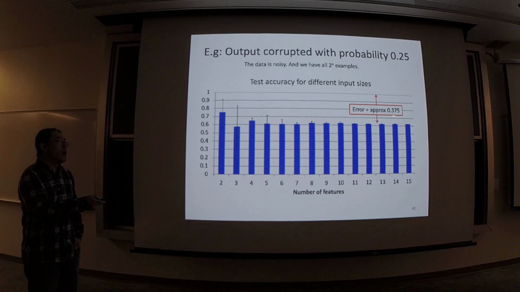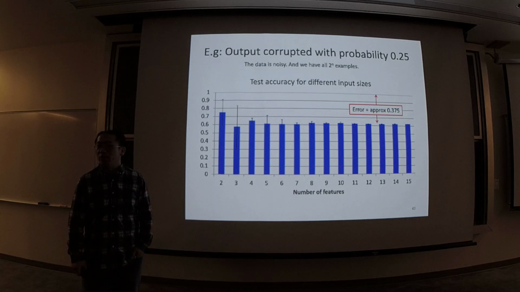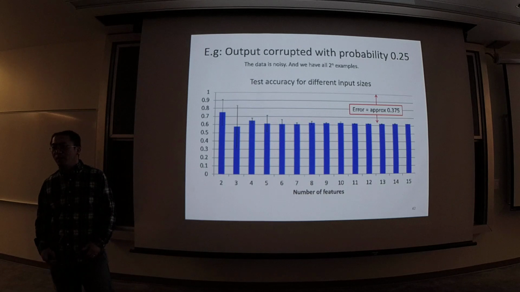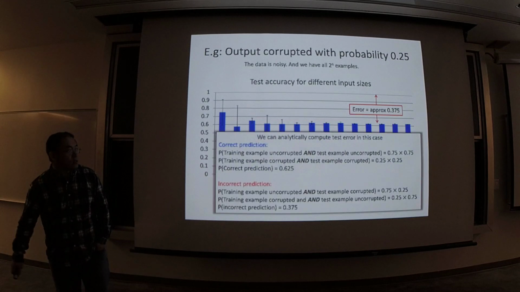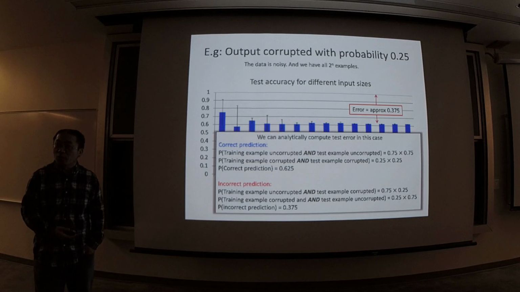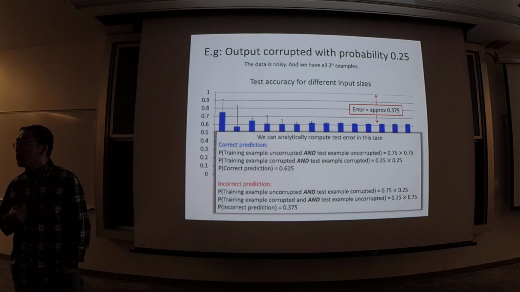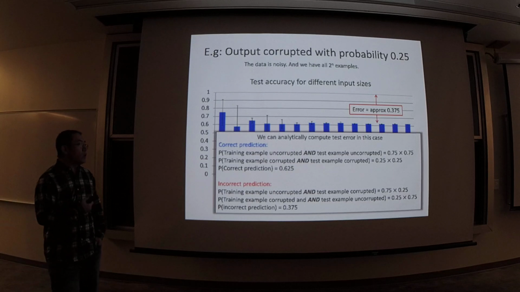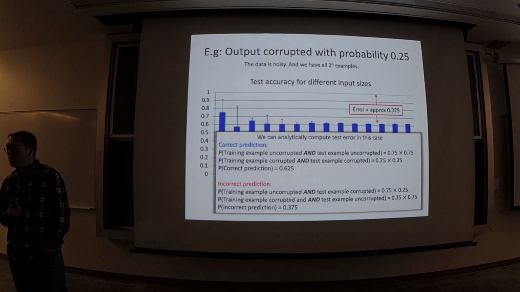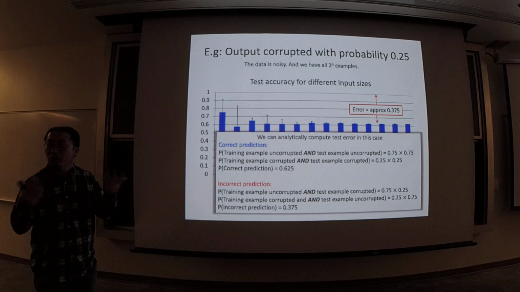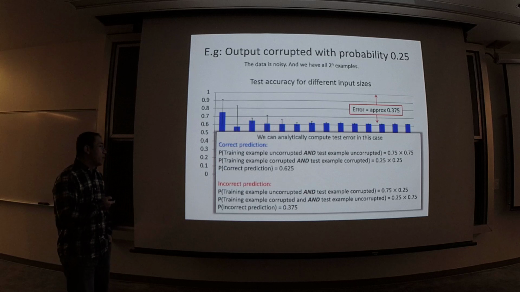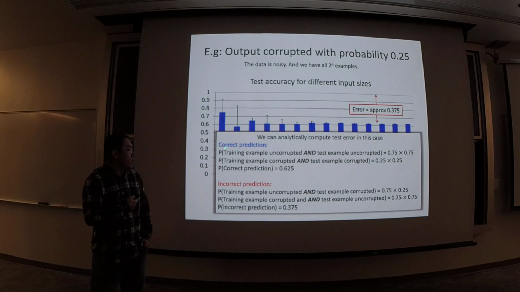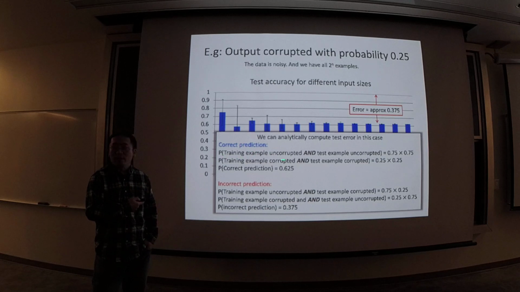So actually, we can show this 0.375. It's just a mathematical problem, a statistical problem. We can try to analyze it. So let us compute the chance that you make a correct prediction. So when will you make a correct prediction? We have two cases for an actual example. First case, when this particular example serves as a training example, the label is not corrupted.